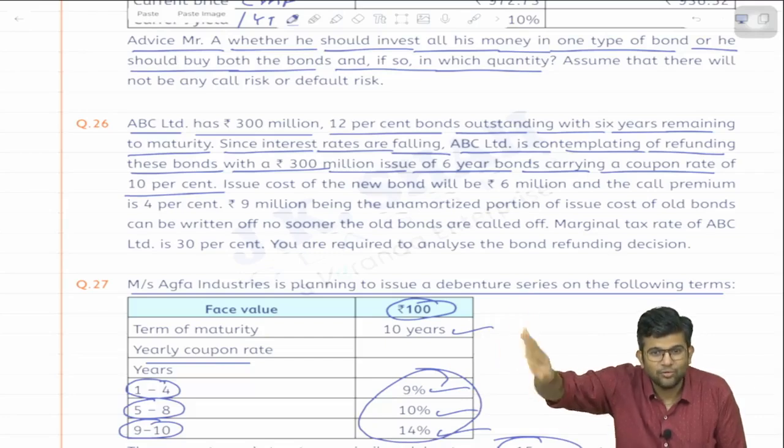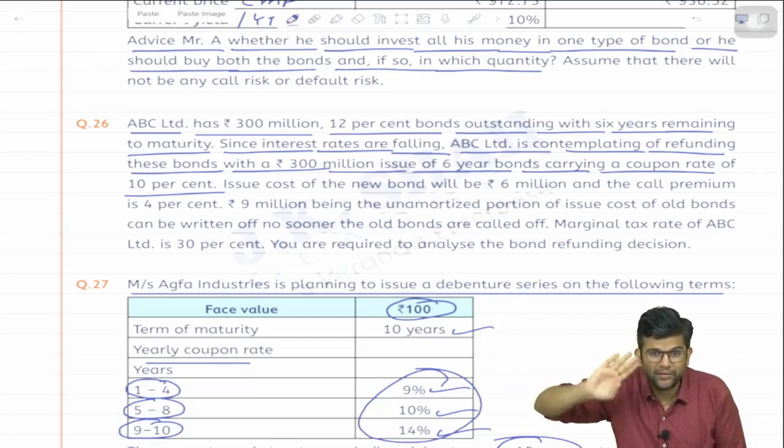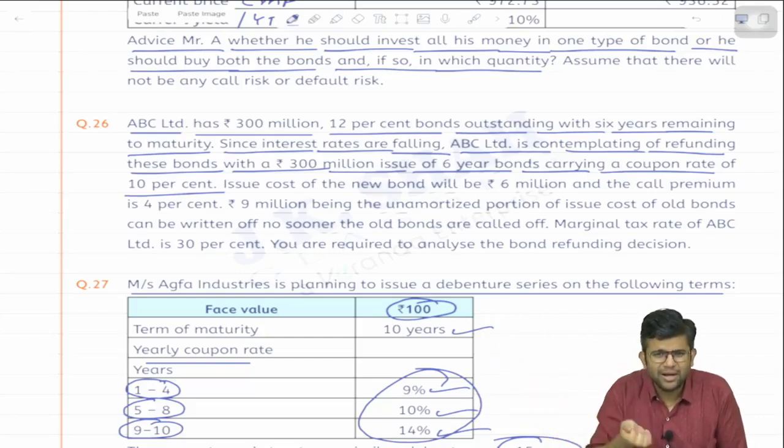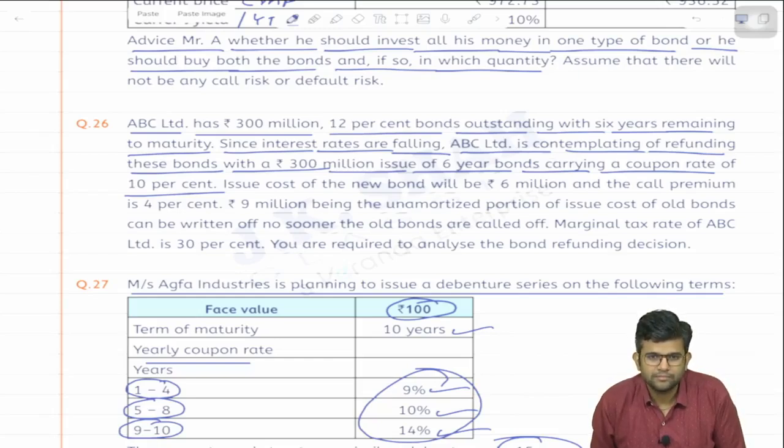You would have continued to pay 12%, 12%, 12%. Calculate the present value of that also. And let's say the present value of those cash outflows, if I would have continued with Bhavani, story number 2, is Y.